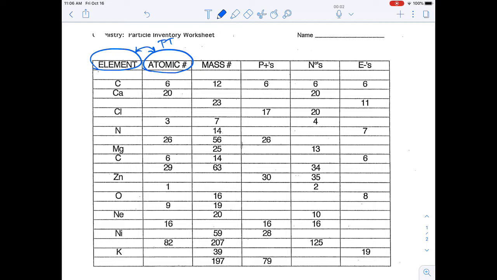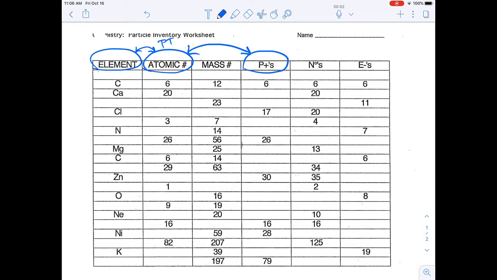Now, as we said before, the atomic number is defined as the number of protons. So these are all very interrelated. If you know the protons, you know the atomic number. It's the same. So both of those columns should have exactly the same value all the way down.